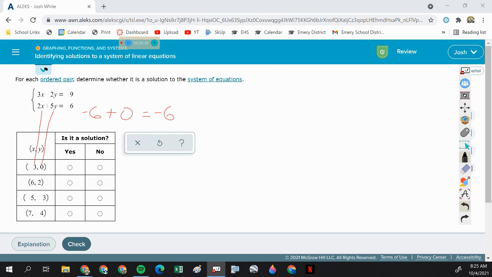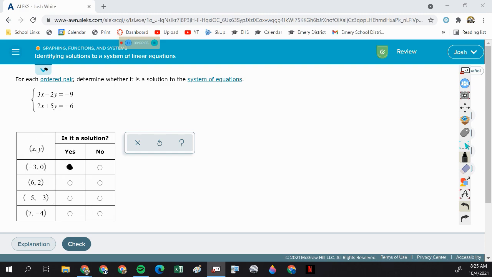So we have to test it against the other one as well. So we put a negative 3 and a 0 in there. 3 times negative 3 is negative 9, minus 0 is negative 9. So negative 3, 0 works in both equations. So that answer is yes.